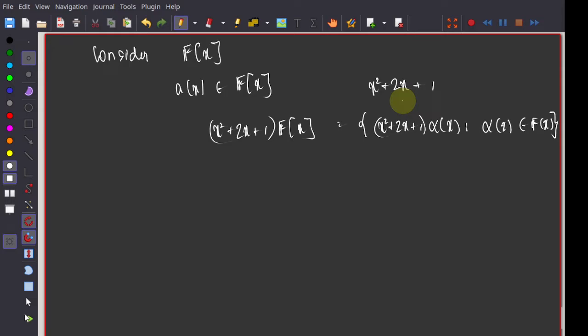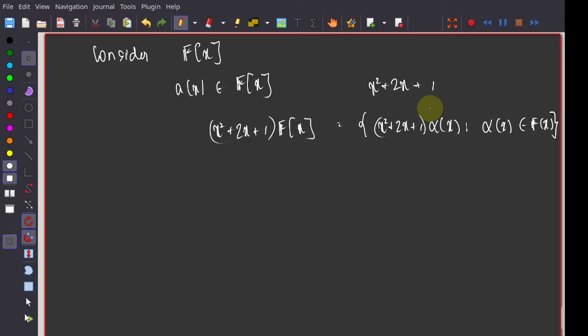One way to look at it: just as we had the set of even integers, which is the set of all integers which can be divided by 2, this is the set of all polynomials which can be divided by x square plus 2x plus 1. So this forms a subgroup of F of x. Do you agree? Because if I add two elements, x square plus 2x plus 1 divides the sum of two elements within this.